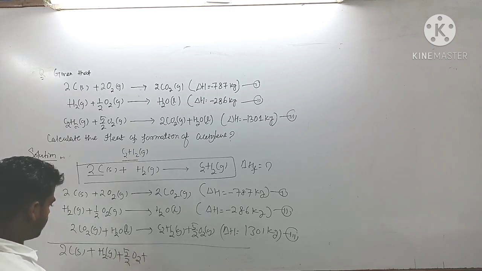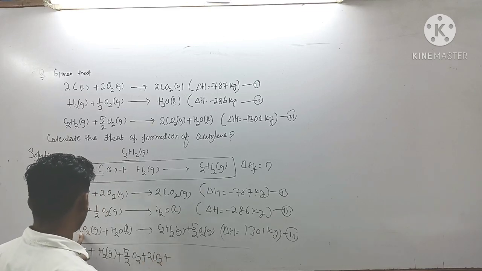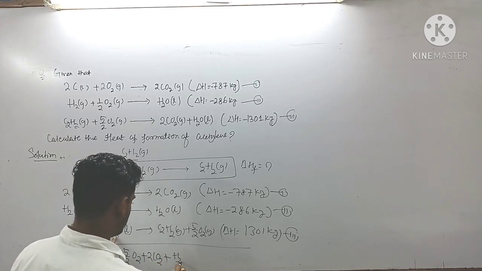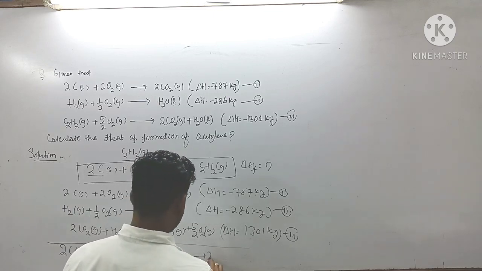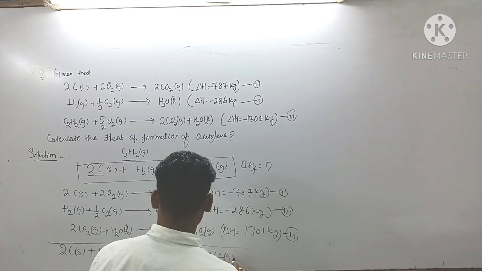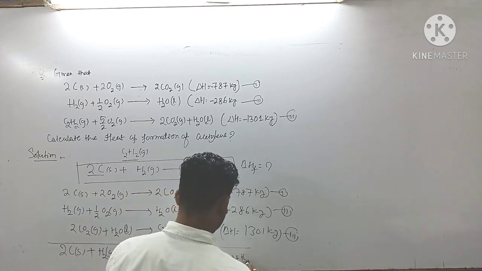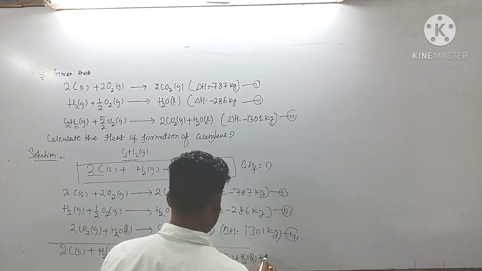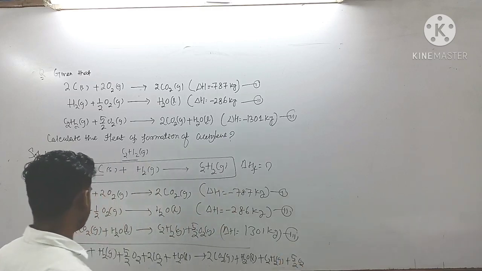5/2 O2 plus 2CO2 plus H2O liquid giving rise to 2CO2 plus H2O plus C2H2 gas plus 5/2 O2. Clear?